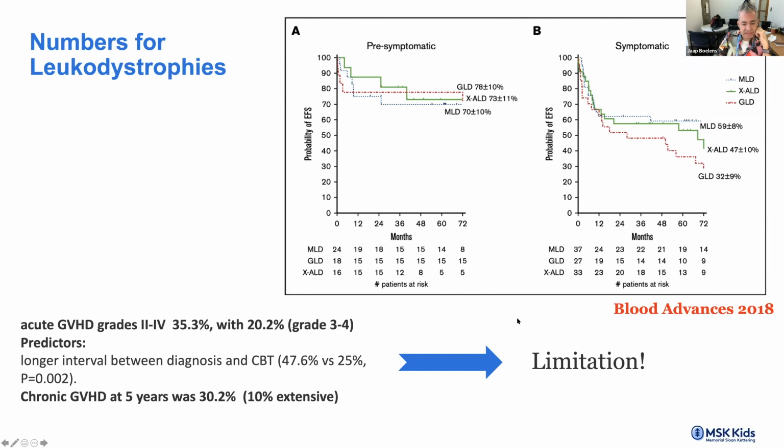And a predictor for increased acute graft versus host disease was the interval between diagnosis and transplant. So if the interval was longer, the graft versus host risk was higher. And when the interval was shorter, the graft versus host disease incidence was lower.